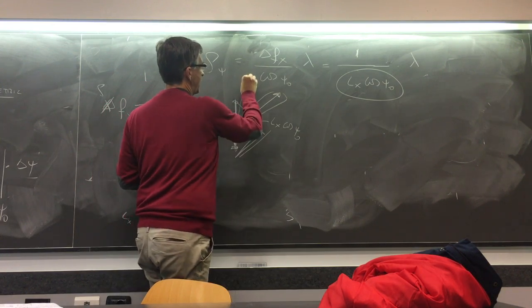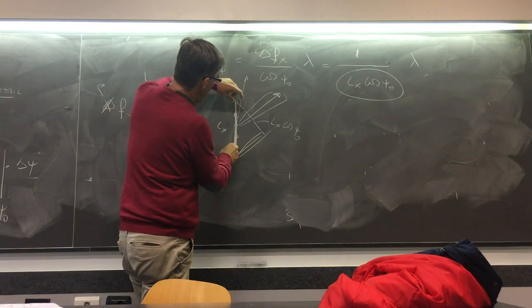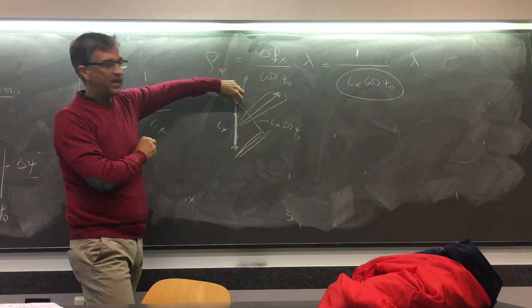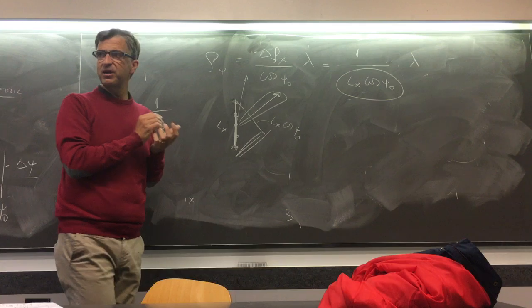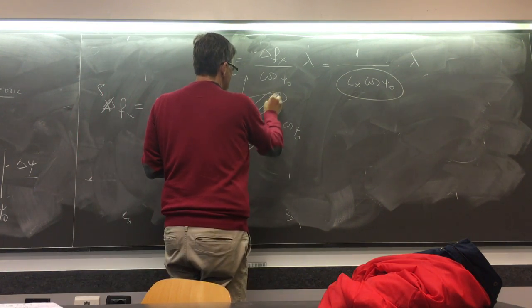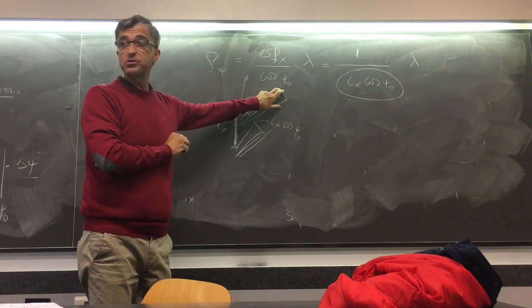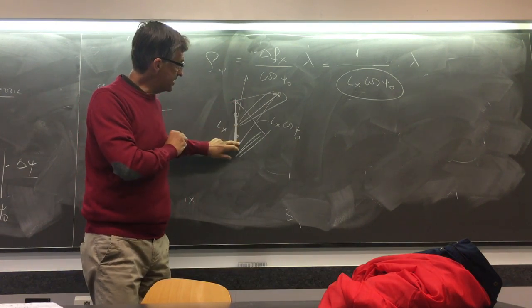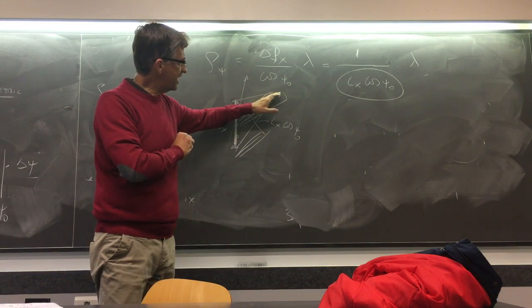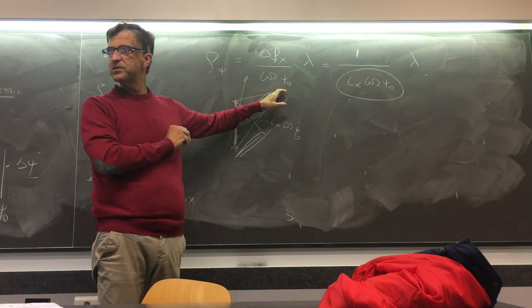Because when I look in this position, your effective antenna width is very, very small. Your resolution comes from the fact that the distance here is much bigger than the distance here, and then you can distinguish very well in this direction.